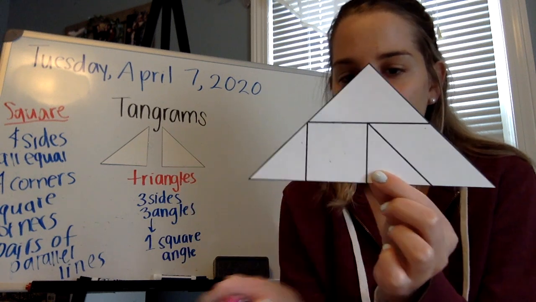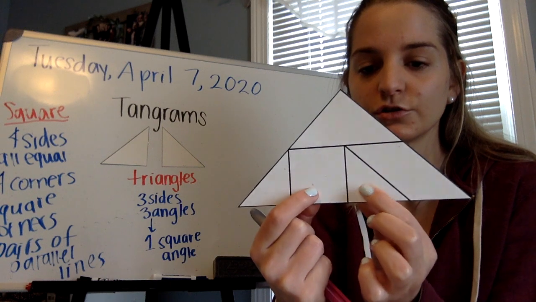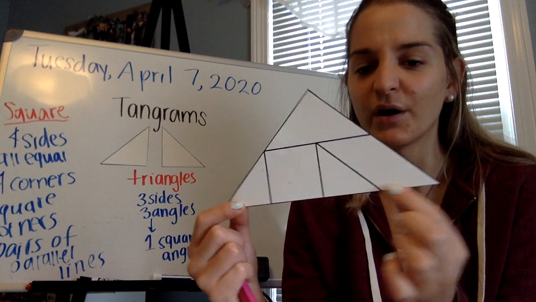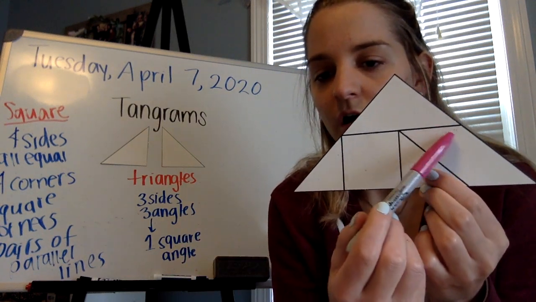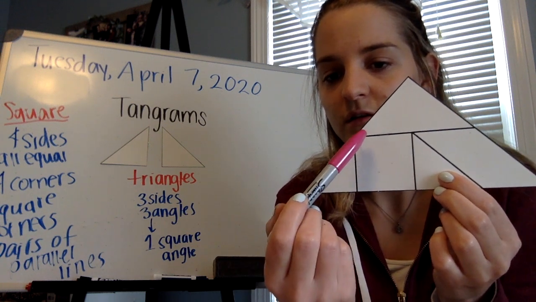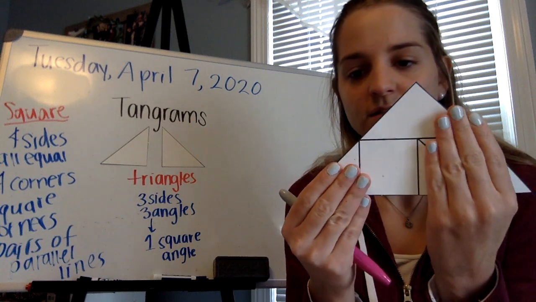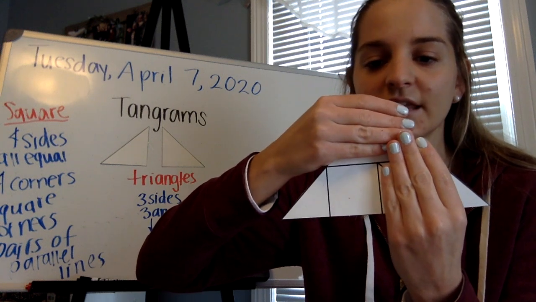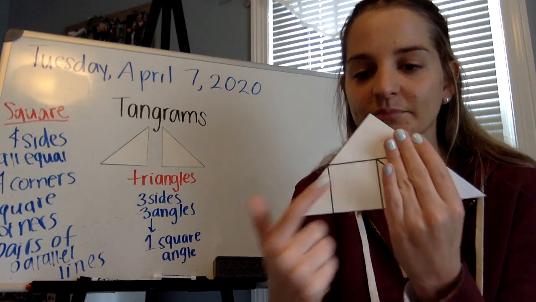Okay, so I see 1 triangle, 2 triangles, and 3 triangles. But I also see a couple of trapezoids. If you put this square and this triangle together, you get a trapezoid.